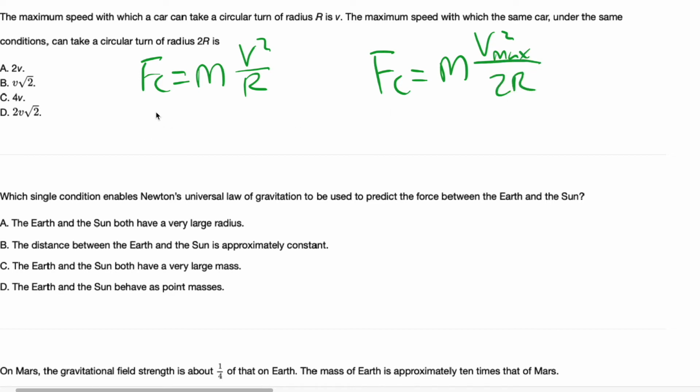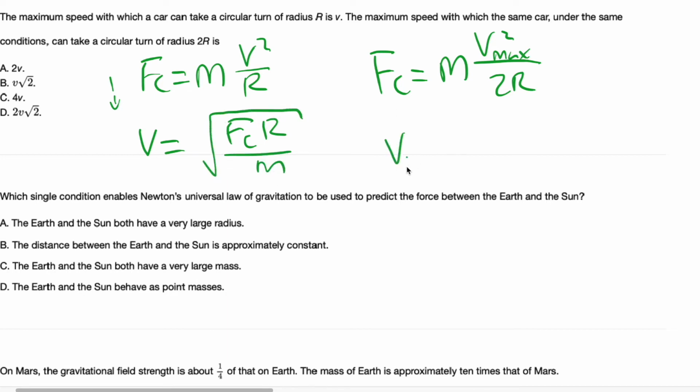So here, from its initial equation, we know that v is going to be equal to the square root of centripetal force times its radius divided by mass. And now the maximum velocity is going to be equal to the square root of centripetal force multiplied by 2r divided by m.